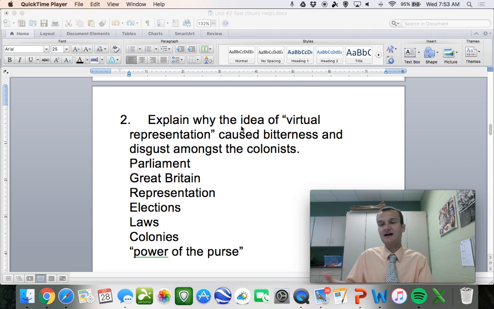And that's what caused the colonies to be really upset, because they wanted to have their own representative. They wanted free elections to choose who was going to make decisions for them and who was going to make the laws that they had to follow. They also wanted to be able to control their leaders' salaries.